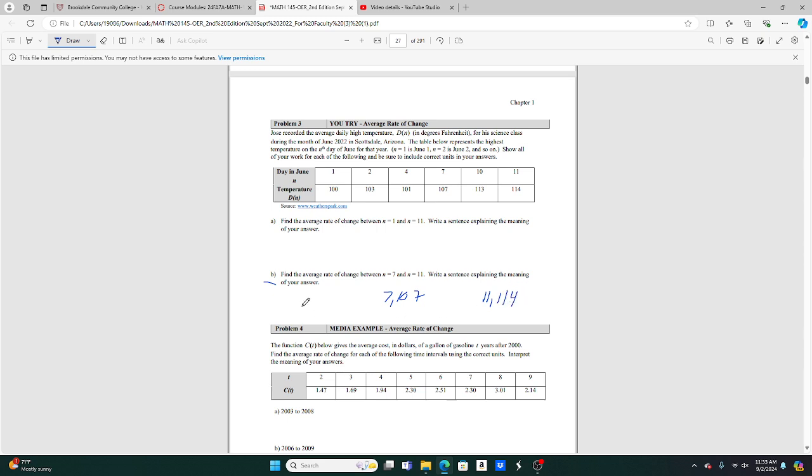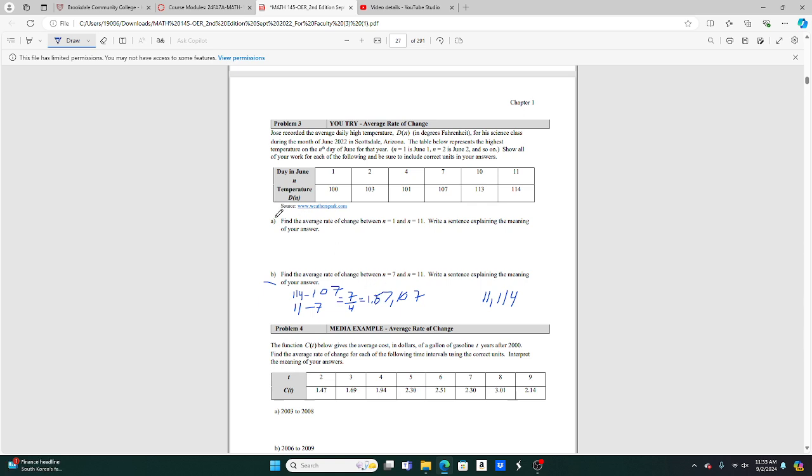So 114 minus 107 over 11 minus 7 gives us a total of 7 over 4, which gives us 1.75. Now we need units, of course.